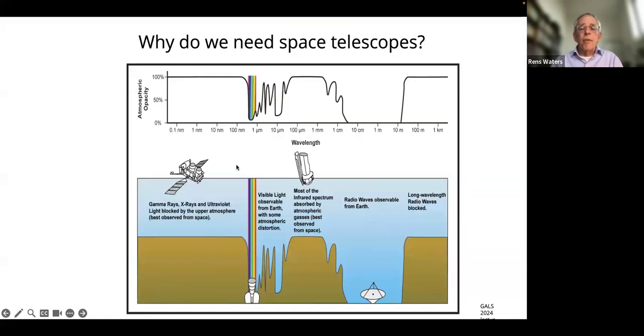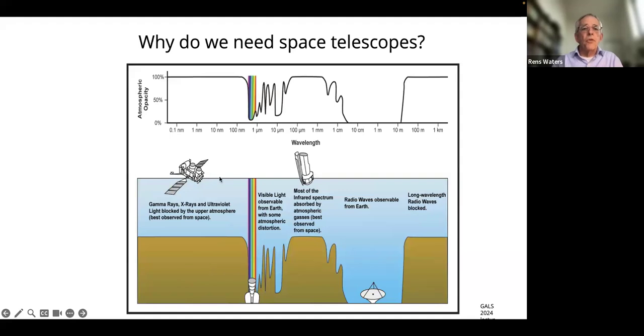There are two very important reasons why we want to go to space, and one of them is that the Earth's atmosphere is not transparent at all frequencies, and that particularly holds for X-rays and gamma rays.